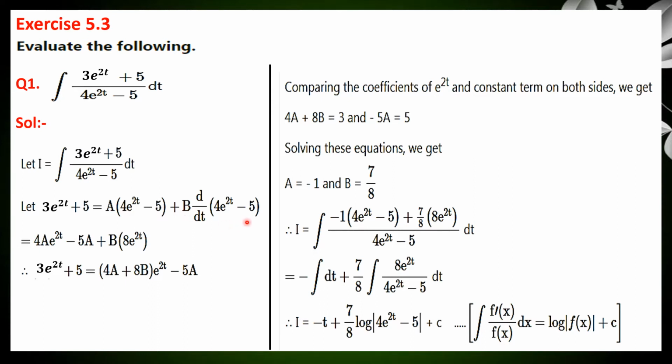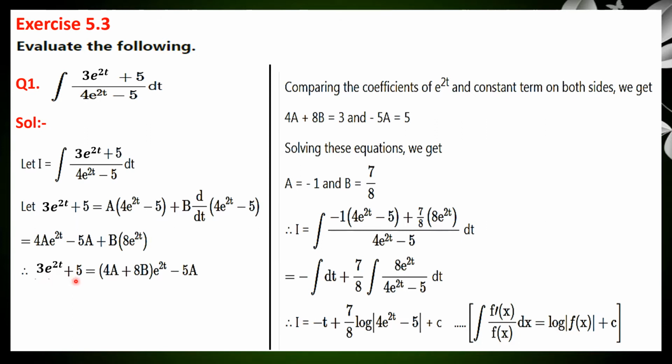Now opening the bracket, we get 4A e^(2t) - 5A plus B into the derivative of 4 e^(2t), which is 4 e^(2t). The derivative of e^(2t) is e^(2t) into 2, because in place of t we have 2t, so we multiply by the coefficient of t, that is 2. So you will get 8 e^(2t).